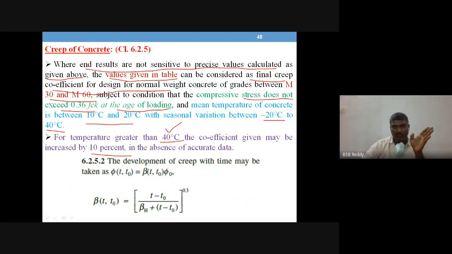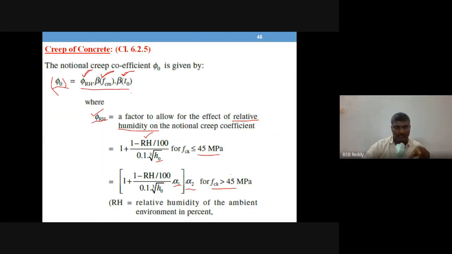So when to use the equation to get the phi naught value and when to use the table? If you need an accurate, very precise value of phi naught, use this equation.